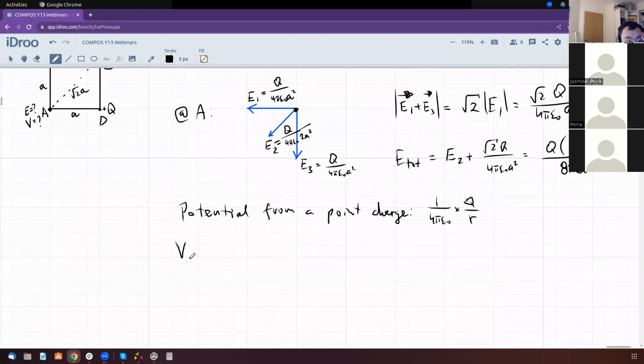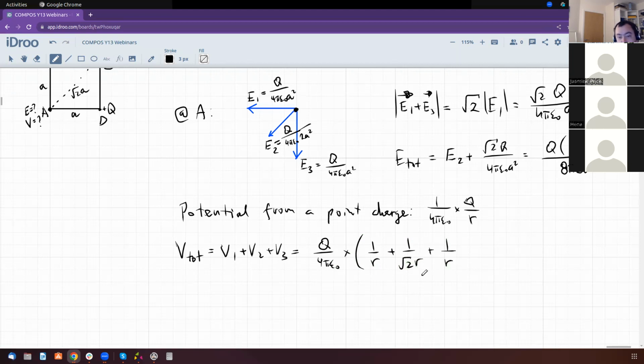Potential is a scalar, so the total potential is equal to V1 plus V2 plus V3. So it's Q divided by 4 pi epsilon 0 multiplied, open brackets, 1/R plus 1/(square root of 2 R) plus 1/R.